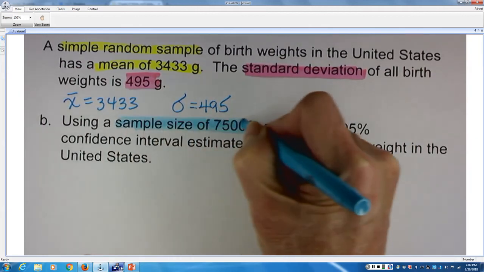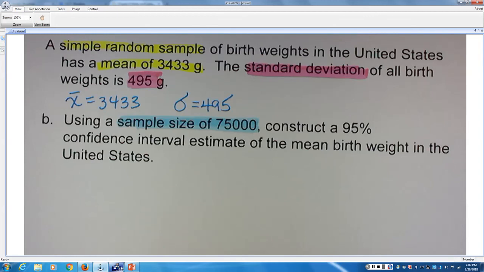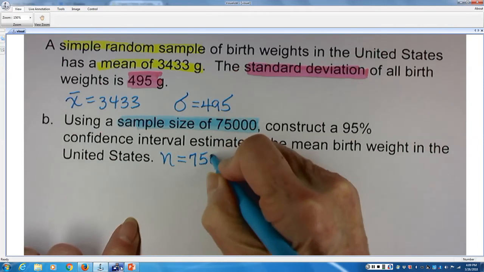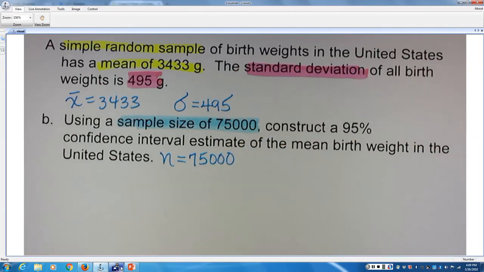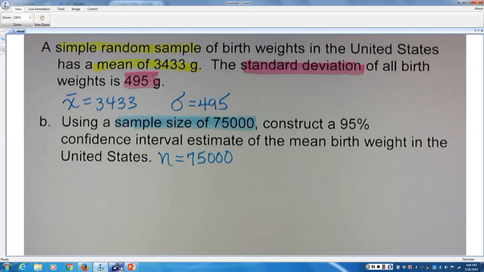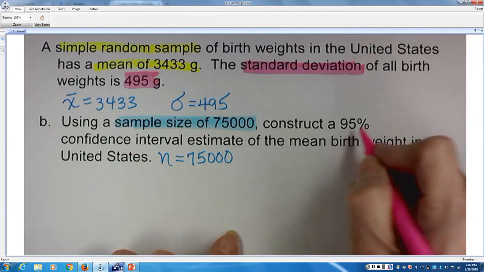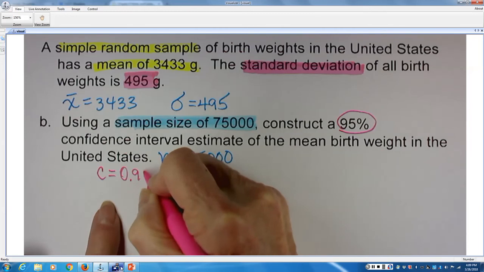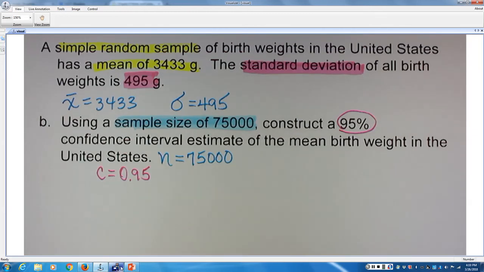And we have a sample of 75,000. And we're again going to construct a 95% confidence interval. So we have everything we need.